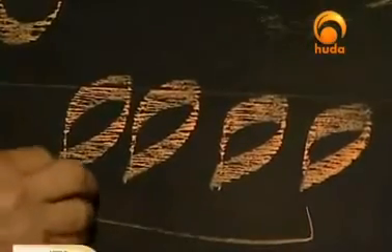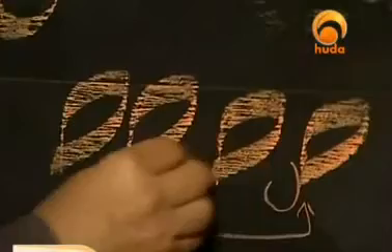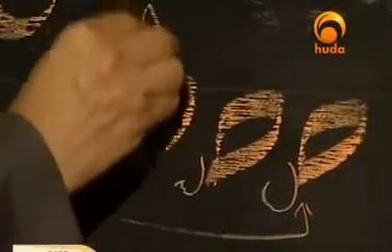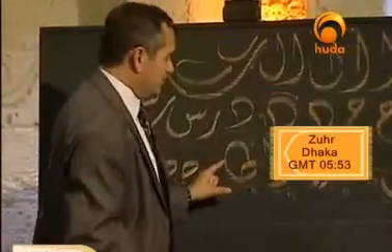It means there is a common relationship between these 4 letters. Here is sad, and here is dad, and here is ta, or this is dha. So it would be easy to use the same shape for each one of them.